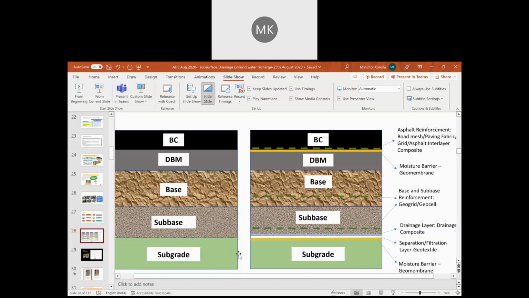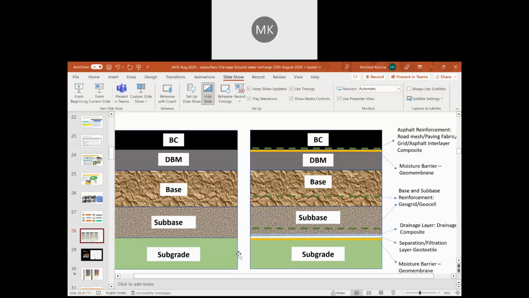Another subject is geosynthetic composite. Geosynthetic composite is a new technology material which will help to replace the aggregate layers by a composite material made of a geonet sandwiched between two geotextiles.